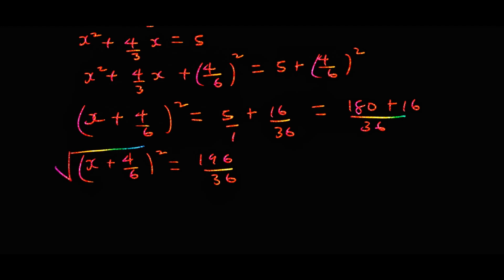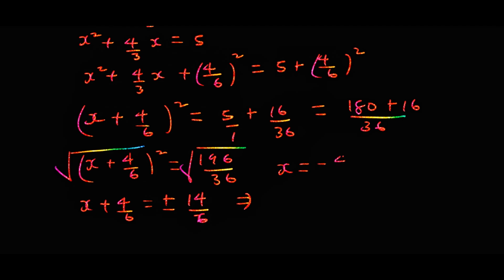The next thing would be to get the square root of both sides of this equation. So we are going to have x plus 4 over 6 is equal to plus or minus the square root of 196, which is 14, over the square root of 36, which is 6. So we can now rewrite this equation as x is equal to minus 4 over 6 plus or minus 14 over 6.